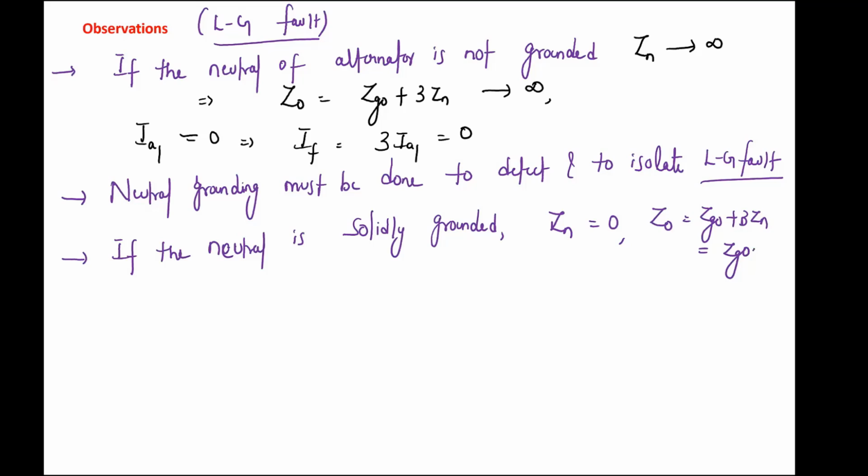Okay. But the fault current magnitude will increase. So if the neutral is solidly grounded, you have to remember that Zn becomes 0 and your Z0 becomes Zg0.